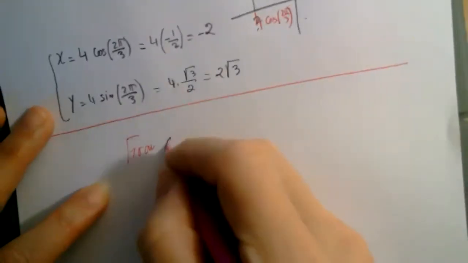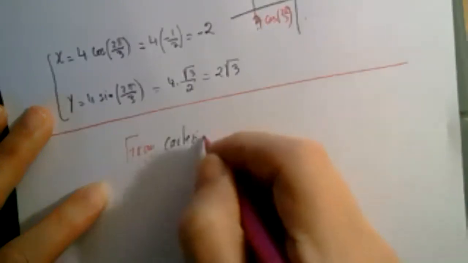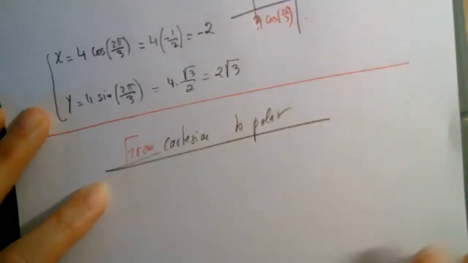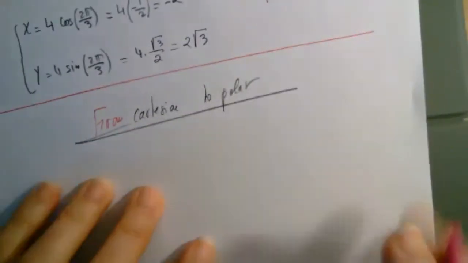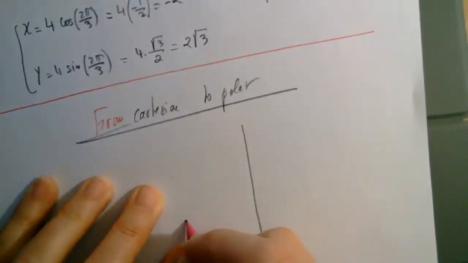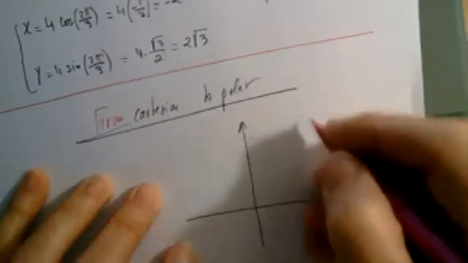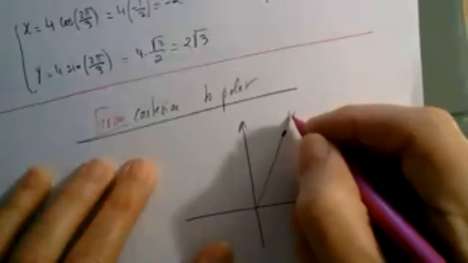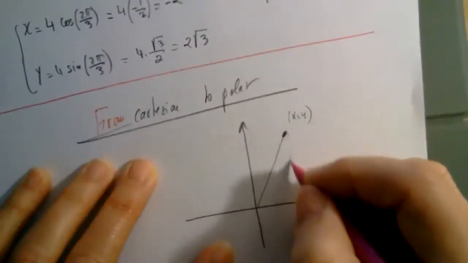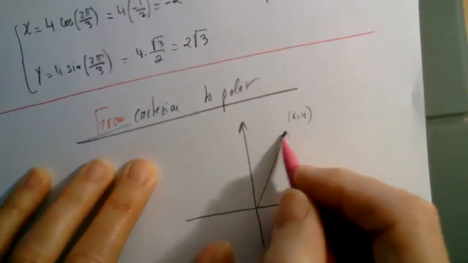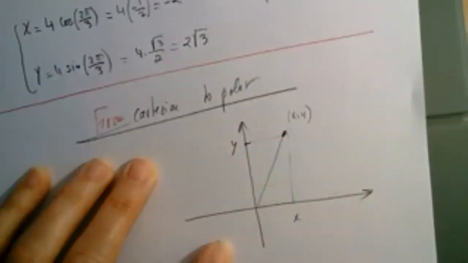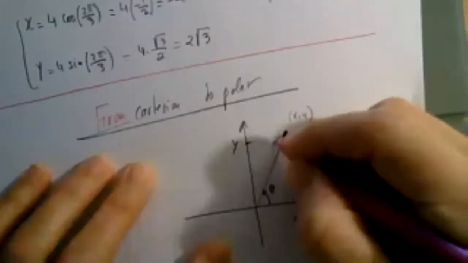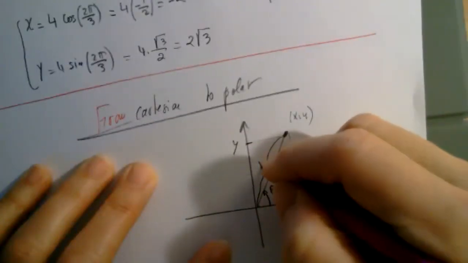It means I have my x and y, and again I will use the first quadrant because we can work with it more easily. I know my x and I know my y, and I need my theta and my r.